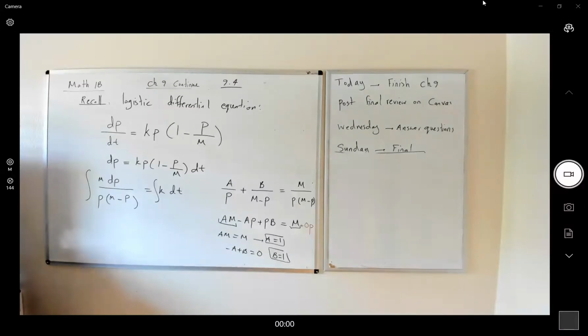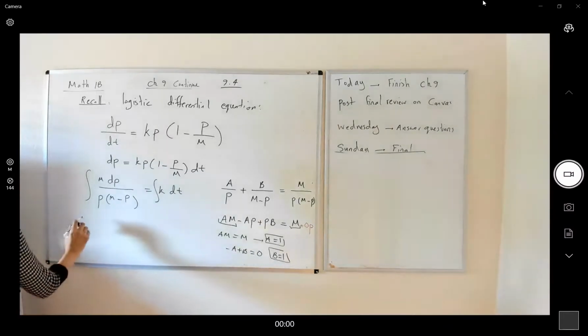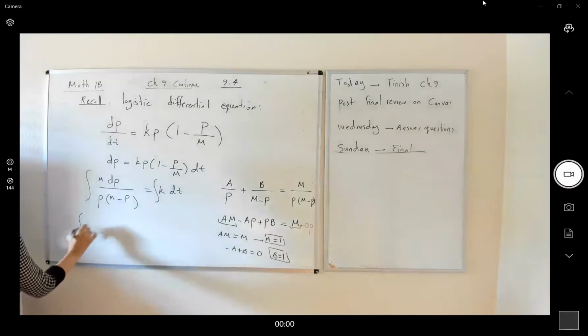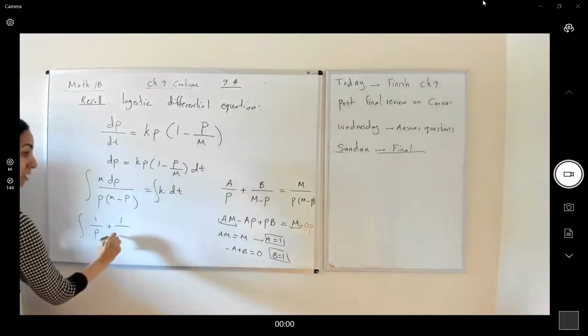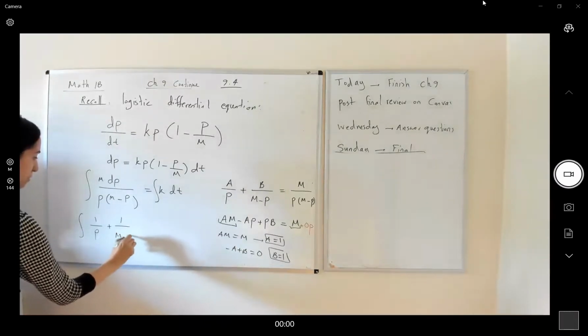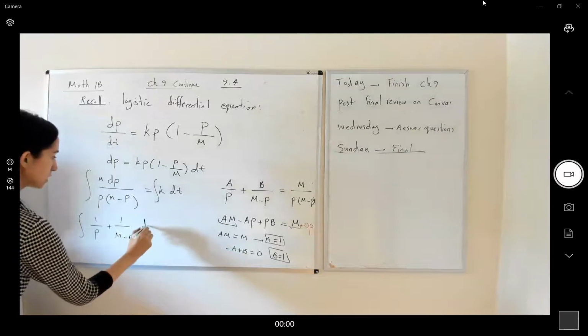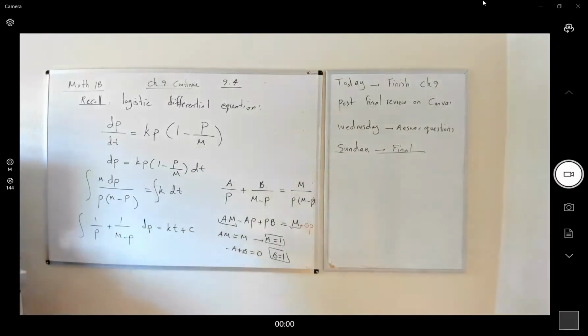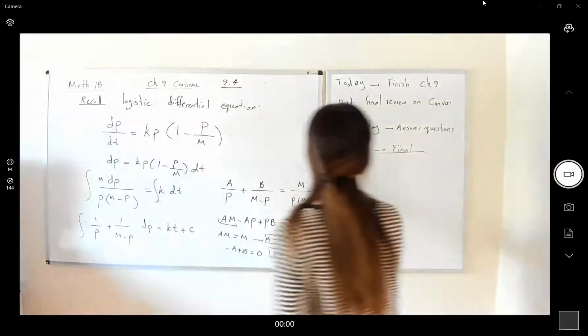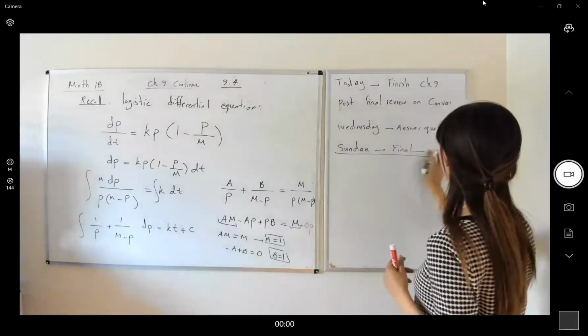Let us continue. So on the left-hand side, we have the integral of 1 over P plus 1 over M minus P dP equals kt plus a constant like C. Very well. So let us rewrite the integral here.